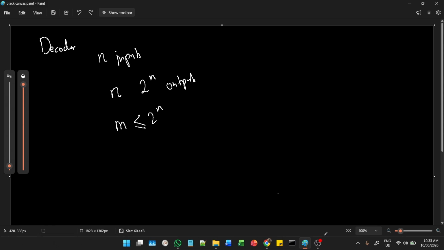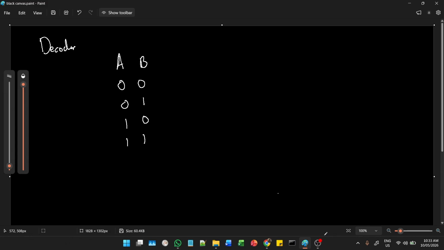So why is that? Well, essentially, what a decoder does is it takes specific binary inputs and activates one output, right? Let's say we take A, B. So we have 0 0, 0 1, 1 0, 1 1, right? So we have two inputs.